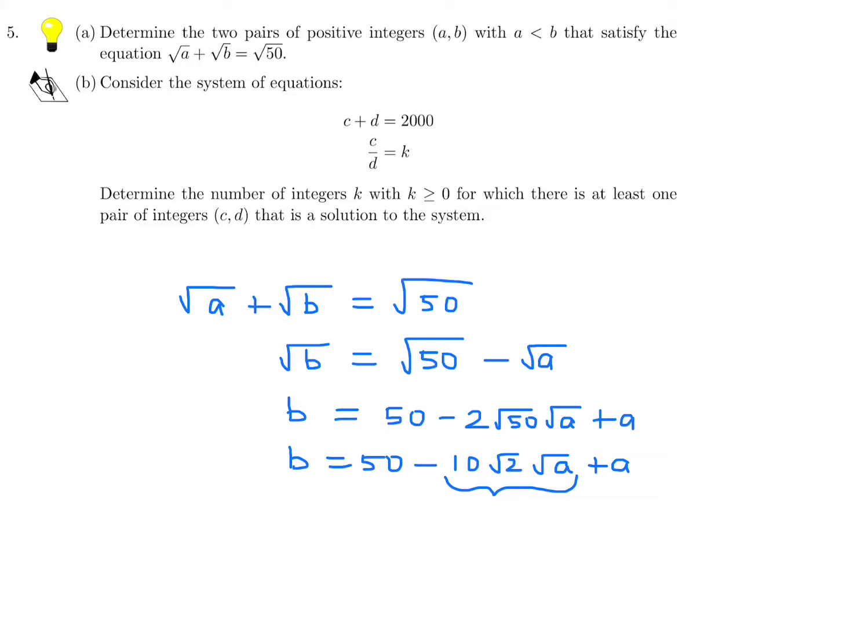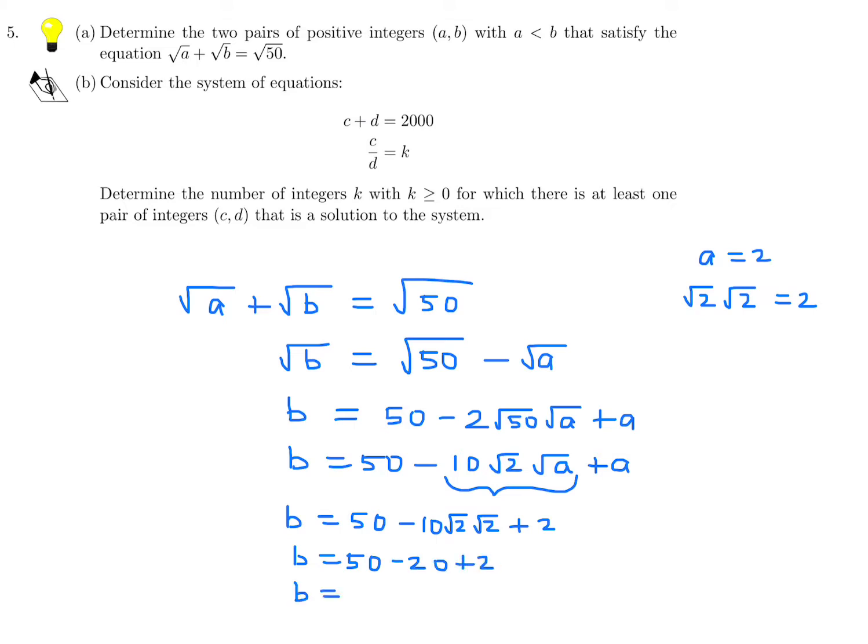Well, one obvious way is if a was 2. If a was 2, then you'd have a root 2 times a root 2, and that would be 2. So let's see what happens when a is 2. When a is 2, I get the following. b is equal to 50 minus 10 root 2 root 2 plus 2. b is equal to 50 minus 20 plus 2.